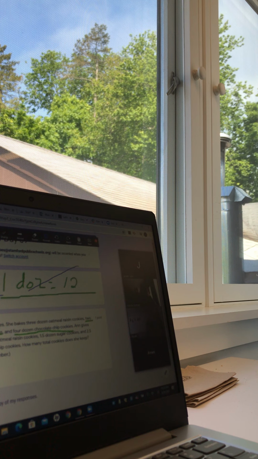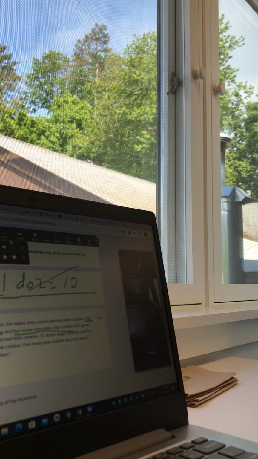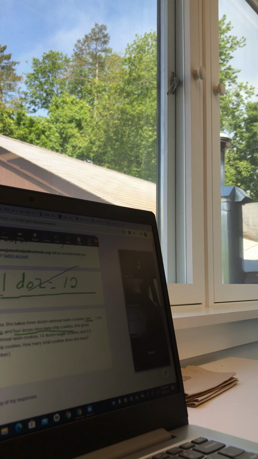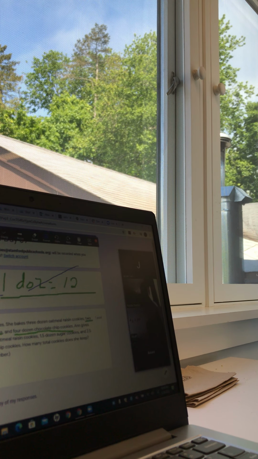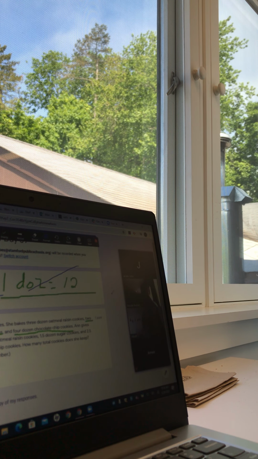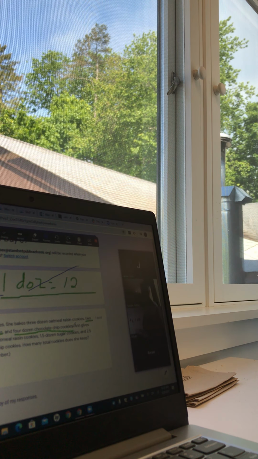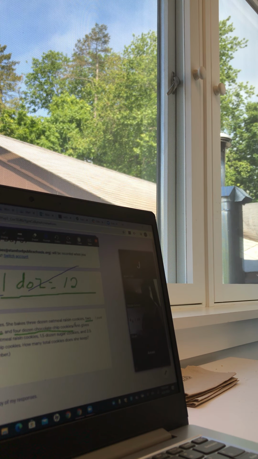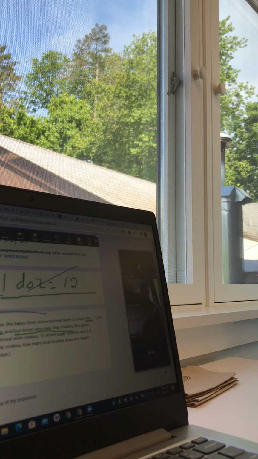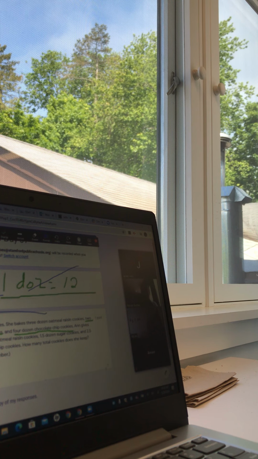So take 12 and multiply it by 4. 12 times 4. 48. Right. So she has 48 chocolate chip.